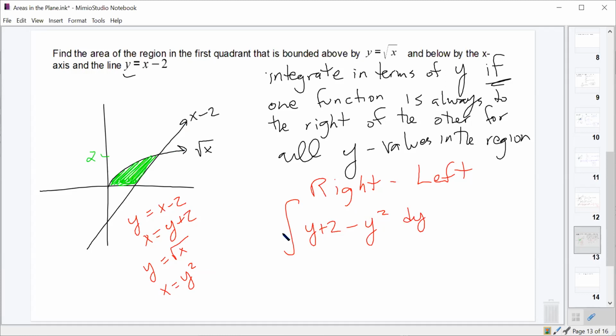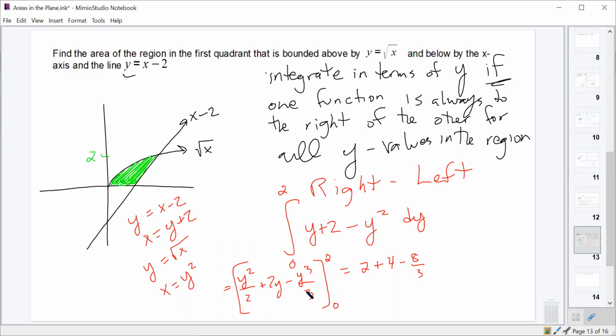And we integrate from the lowest y value of our region, which is 0, to the highest y value of our region, which is 2. And this hopefully will still give us 10/3. Y squared over 2 plus 2y minus y cubed over 3 from 0 to 2. 2 squared over 2 is 2 plus 2 times 2 is 4 minus 8/3.